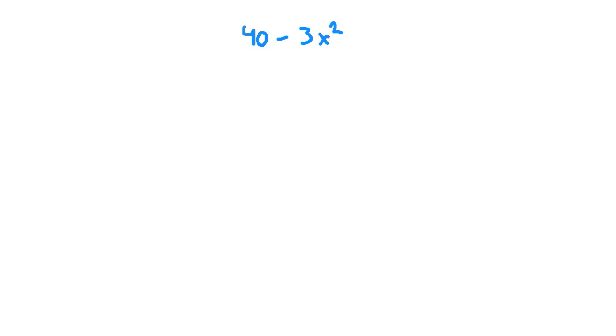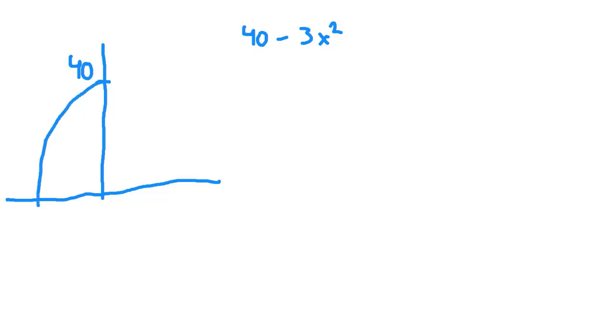But let's go back to this equation we have right here: 40 minus 3x squared. So this is a parabola, opening down. Our y-intercept when x is 0 is at 40, and it goes down like this and like this.